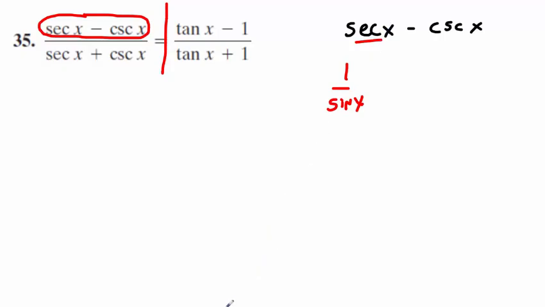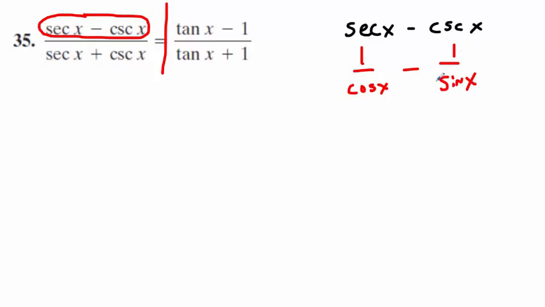So approaching this type of problem, we already want to change this into sine and cosine. So I'm just going to focus on this top part over here right now. If I change secant of x, I know that secant is 1 over the cosine of x. And I know that cosecant is the same as 1 over the sine of x.